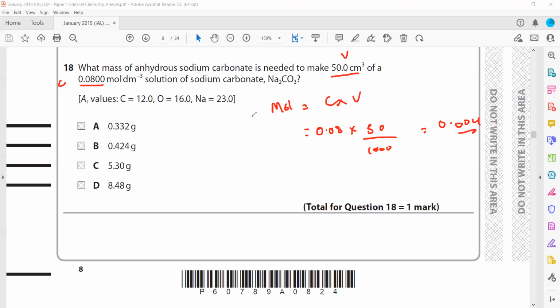These are the moles of sodium carbonate. But in the question, we need the mass in gram. So moles equal mass in gram divided by molar mass, so mass in gram equals moles into molar mass. The moles are 0.004 and the relative molar mass we have to work out. Sodium is 23 multiplied by 2, so 46, plus carbon is 12, so 58, plus 16 into 3, so 58 plus 48.